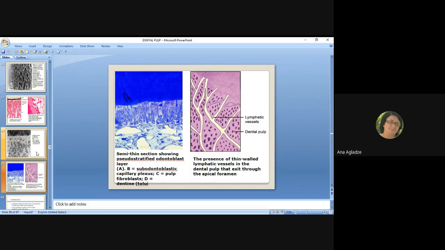Such fenestrated capillaries are found in the subodontoblastic layer. These fenestrations are 60 to 80 nanometers in diameter. They are small holes, and only basement membrane is present at the fenestrations. And this allows rapid movement of materials out of the capillaries.